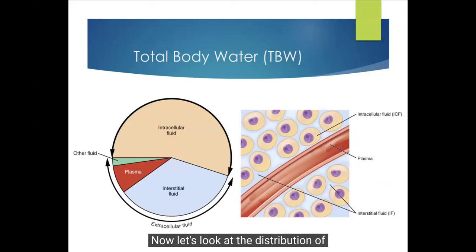Now let's look at the distribution of body water. Approximately 2/3 of body water resides in the intracellular space, within the cells themselves, and about 1/3 resides in the extracellular spaces, which is then broken down into two compartments, the interstitial space or the intravascular space inside the blood vessels.